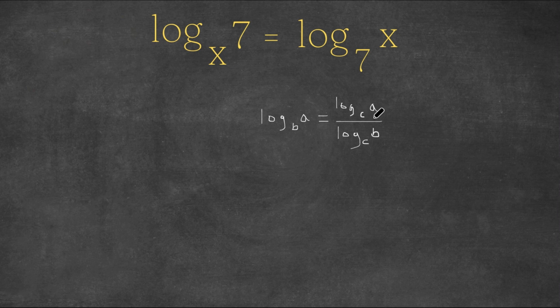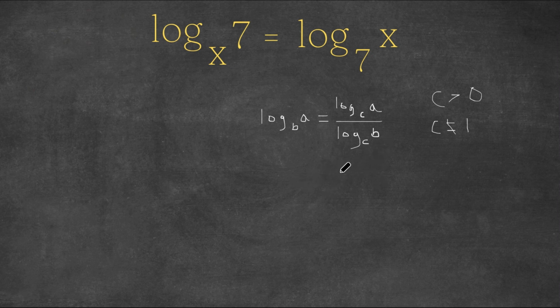And c can actually be any number as long as c is greater than 0 and c is not equal to 1. So in this case, to simplify this, I'm going to make c equal a.